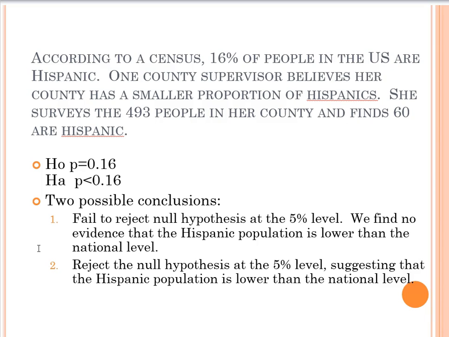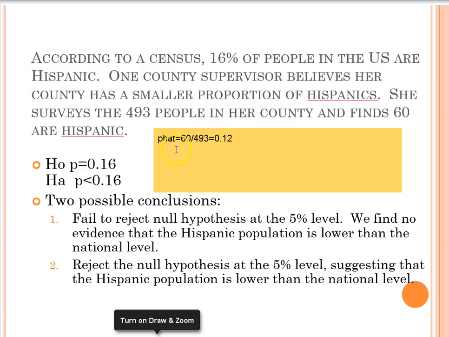So she sampled 493. She didn't sample the whole county because that would be too time consuming. She just sampled a few people, and she found that 60 of them are Hispanic. So when we calculate that sample out, we found that in her sample, only 12% of the people were Hispanic.